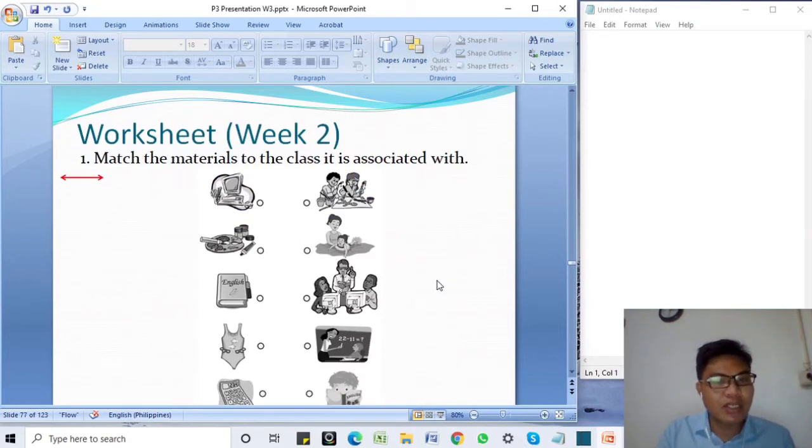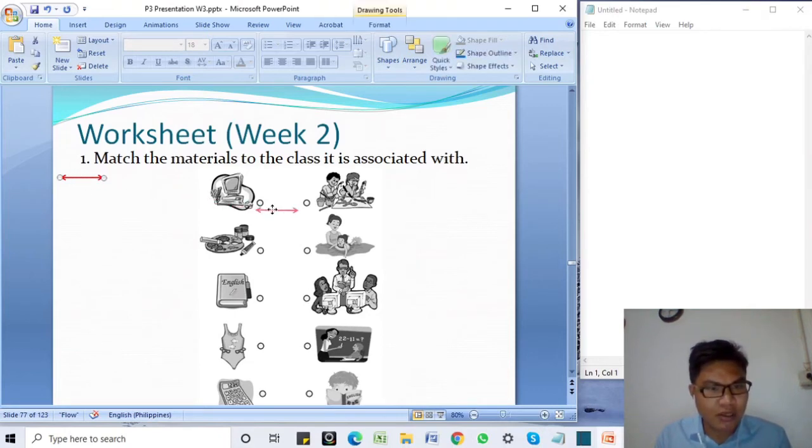On the worksheet for week 2, this is all about classes, right? You have to match the material to the class it is used with. Let's say, for example, this one, you have to match it somewhere here. This is computers. Which one is the correct class it belongs to? Oh, this one. They are also using computers.